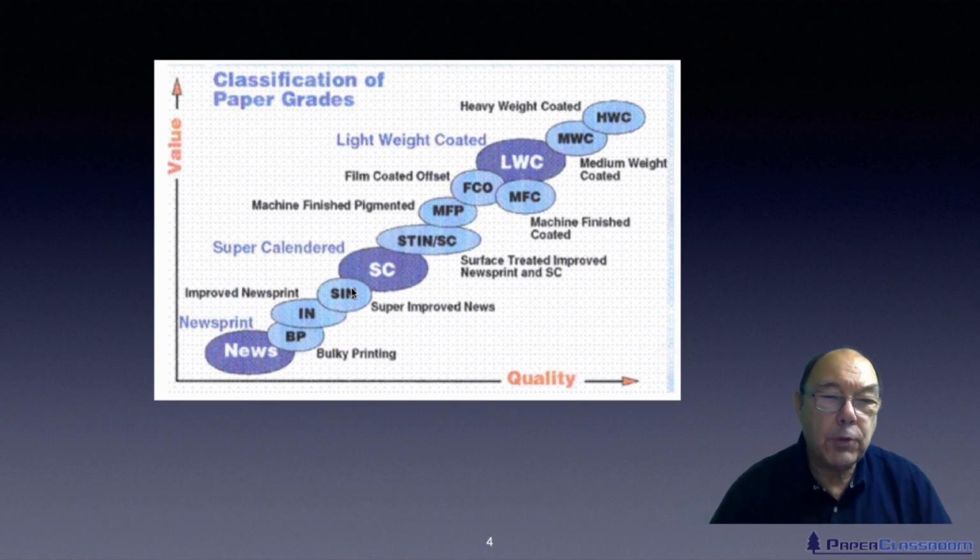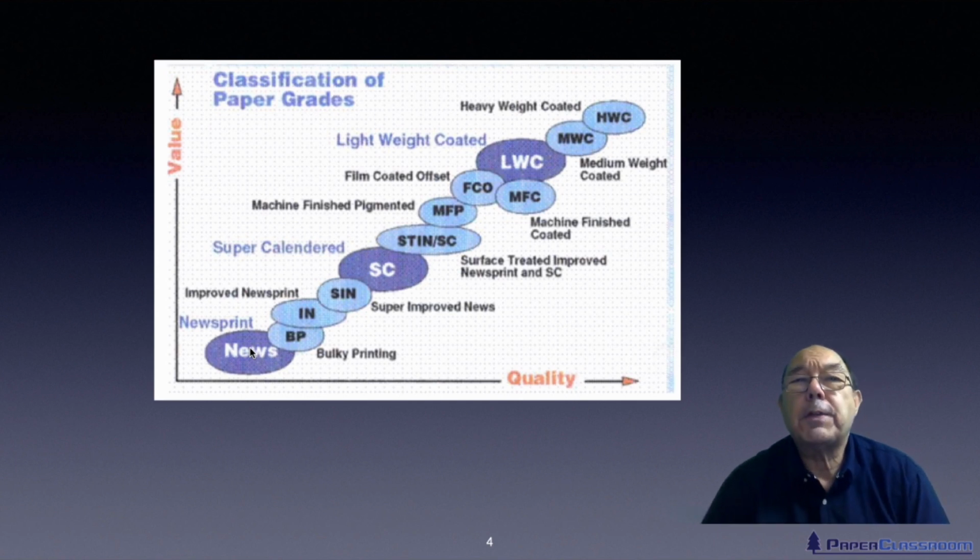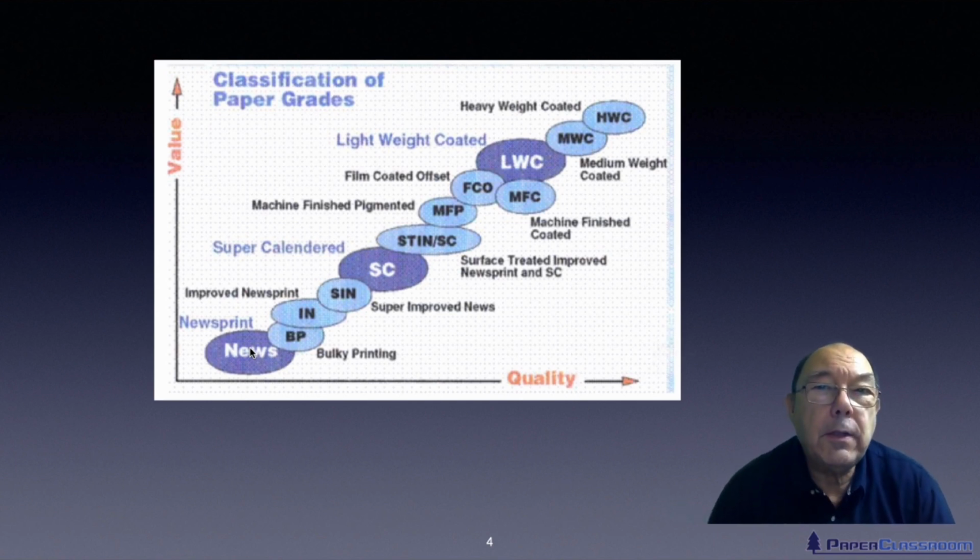What happened there was newsprint was just ordinary newsprint, mechanical paper fibre as it was in those days, calendared a little bit. And when that type of newsprint first came out, all the newspapers in the UK were printed in black and white. There was no such thing as colour.